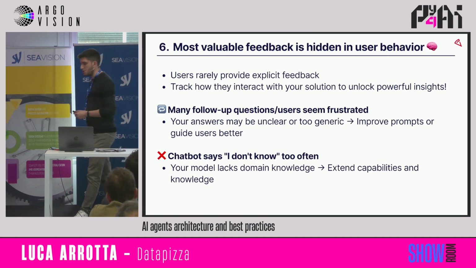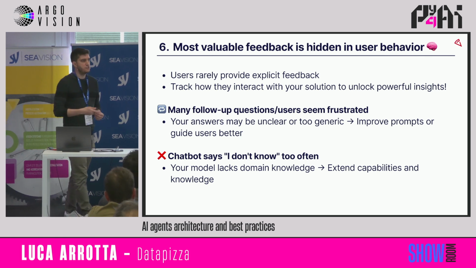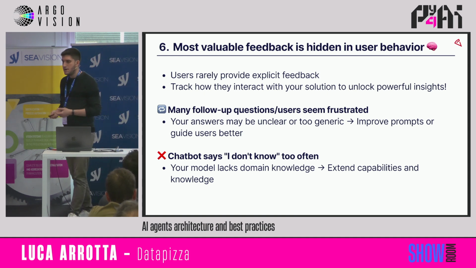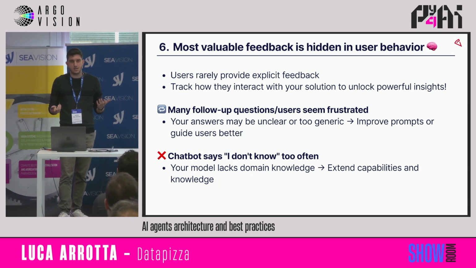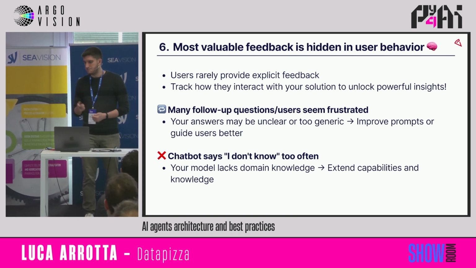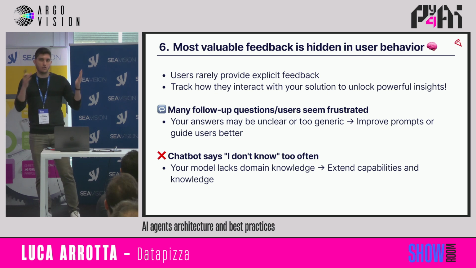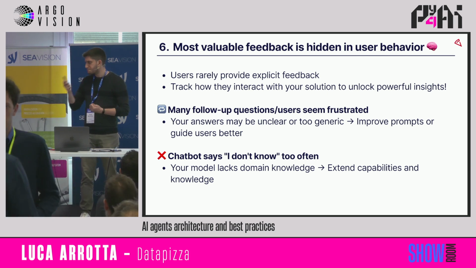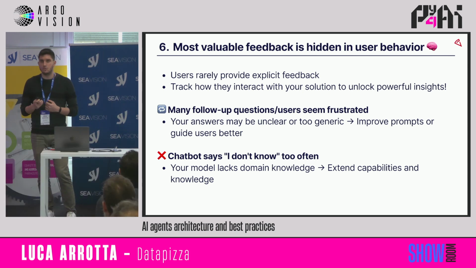Another problem that we faced many times: we always had in our projects a feedback feature like thumbs up and thumbs down, but users don't actually provide feedback, even if you provide this feature. So it's very important to analyze offline the conversations of the users with your chatbot, because in this way you can extract insights and implicit feedback from the user behavior.